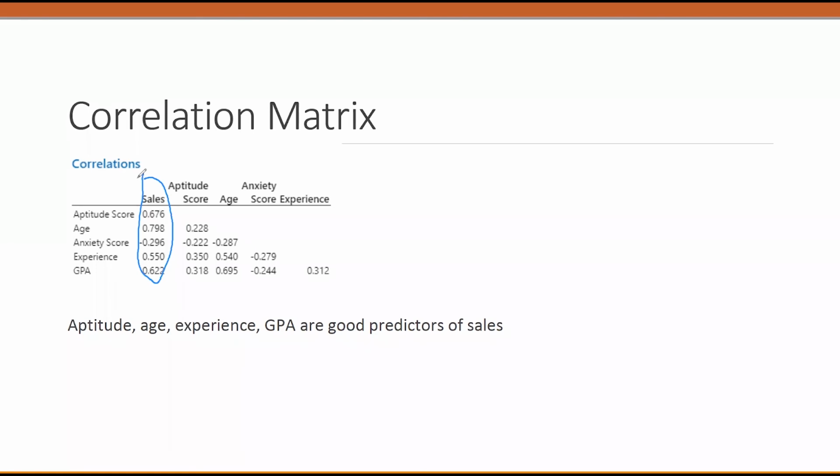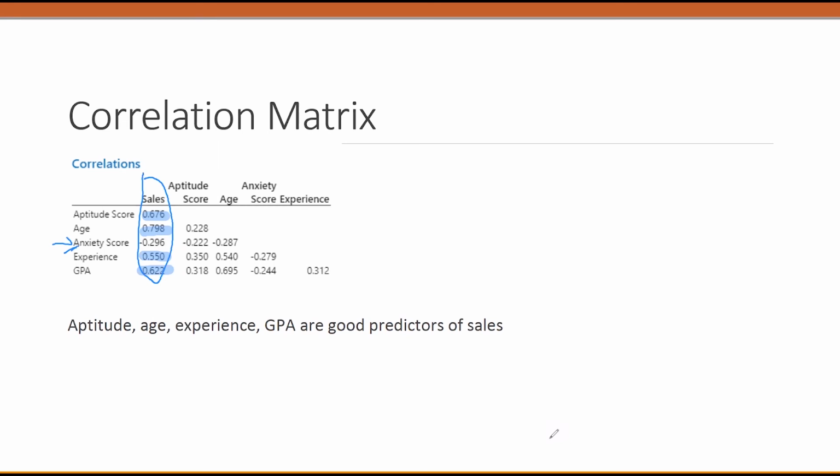So it seems like aptitude score, age, and GPA are good predictors of sales. Their correlation coefficients are relatively high, higher than 0.6. And the next one might be experience. Anxiety score is actually negatively correlated with sales, which kind of makes sense, but it's not a strong correlation.